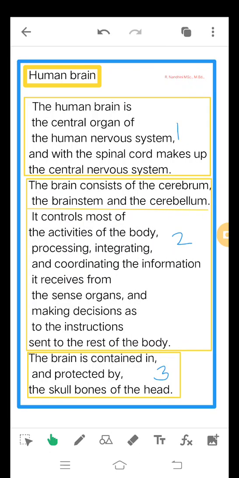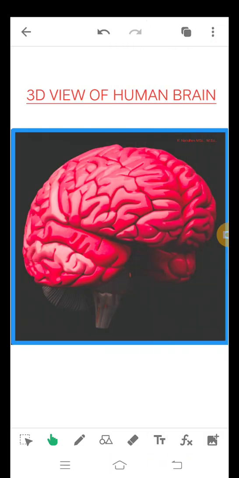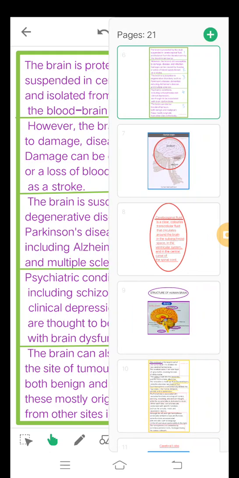So this is the human brain. Introduction, human brain, parts of the human brain, activities of the human brain. This is the 3D view of the human brain. Next, brain protected by skull. This page has 5 points.